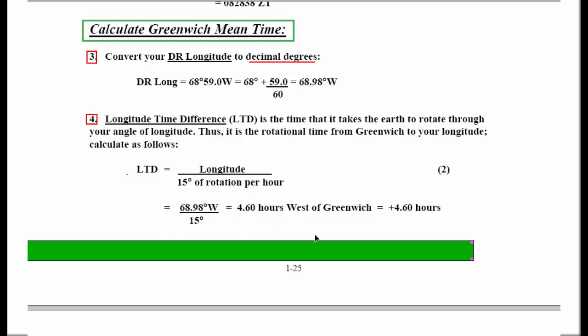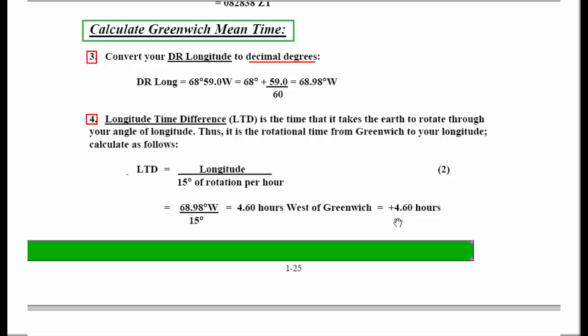So we are in time zone number 5 west, and we get that by looking at this 4.6 hours that we're west of Greenwich, based on the Earth rotation at 15 degrees per hour. To determine the time zone we round that up, since it's more than 4.5 hours.